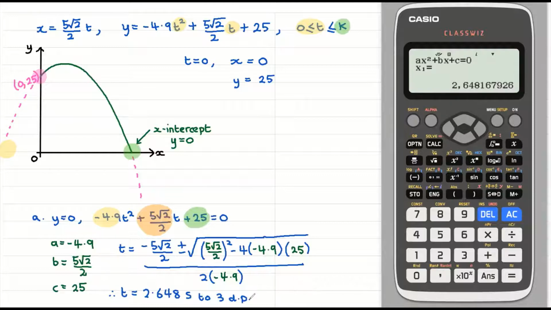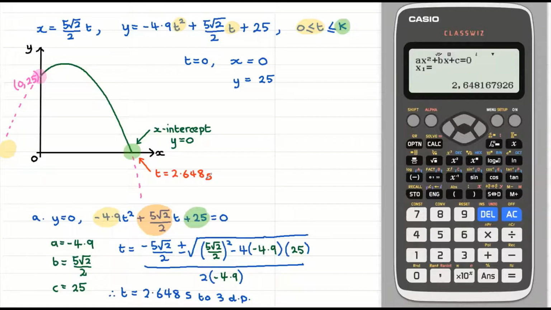Because we've just identified this point as having a parameter value t of 2.648 seconds, that's the point where the y value is 0, and that's where the stone ends its parabolic motion.